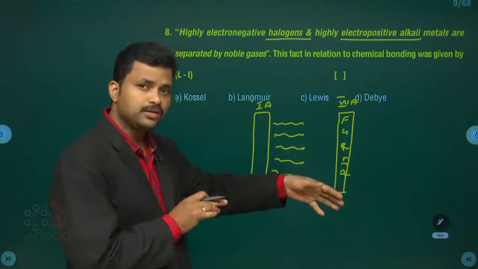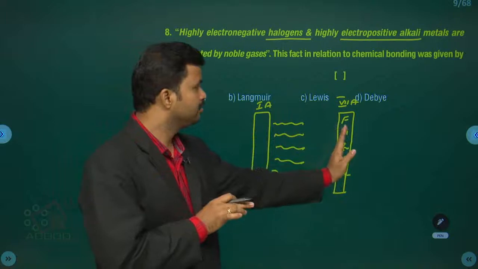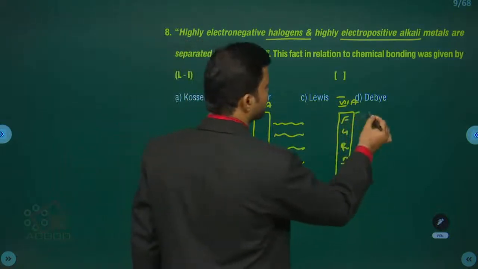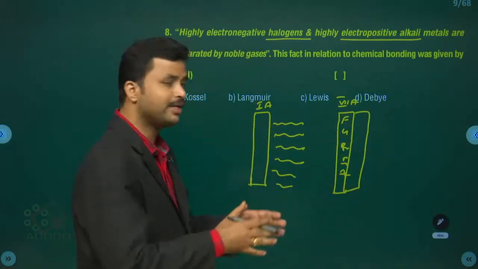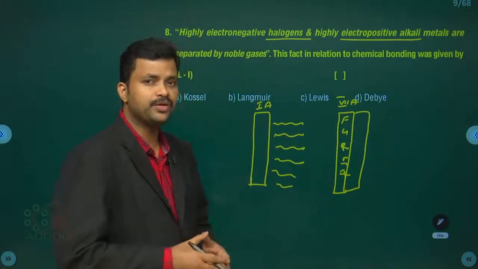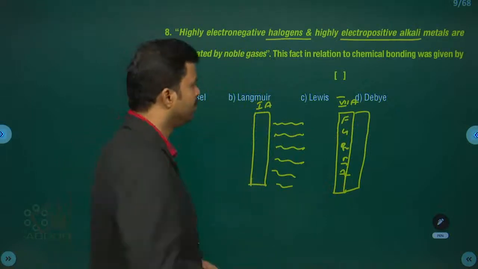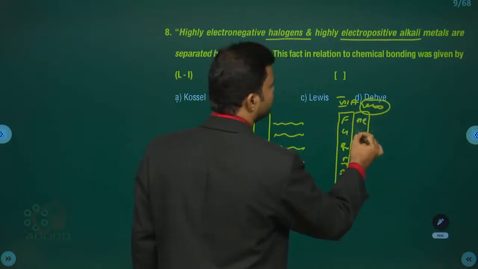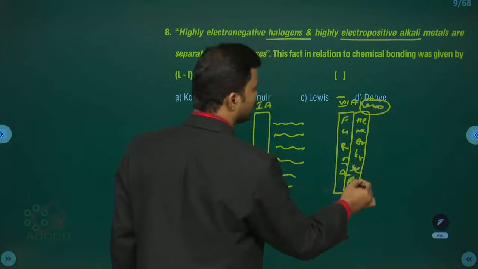The property may be increasing or decreasing, and that will end at the 7th group. After the 7th group, the property will start again from 1A. The 0 group elements are not related with periodic properties because they are not participating in any bonding, they are not responding. So these are the 0 group elements: helium, neon, argon, krypton, xenon and radon.